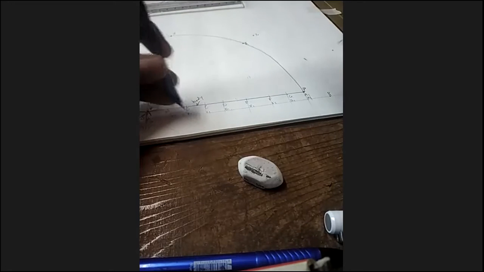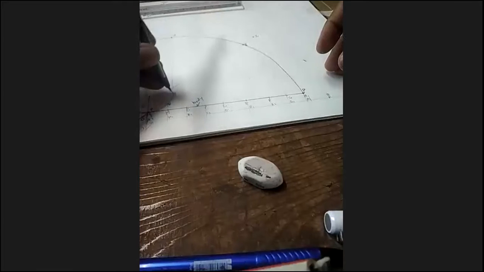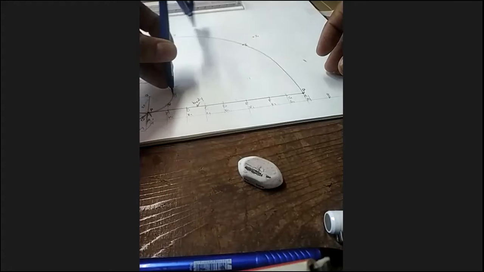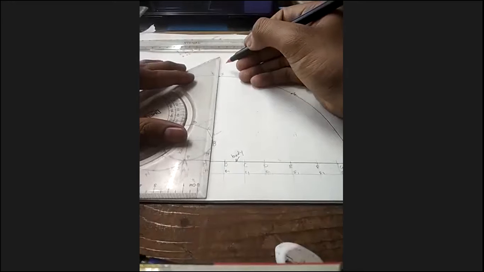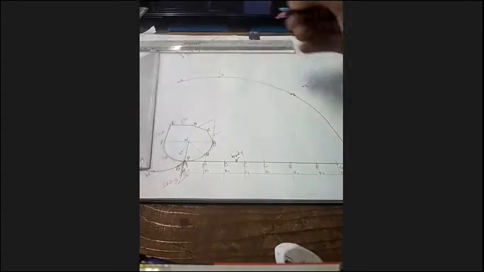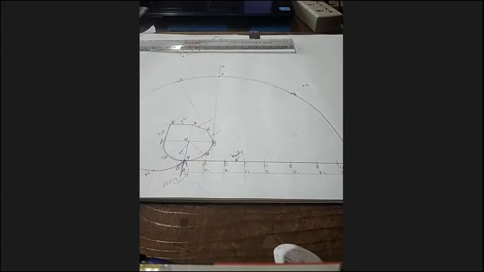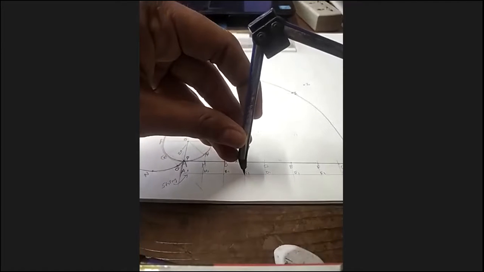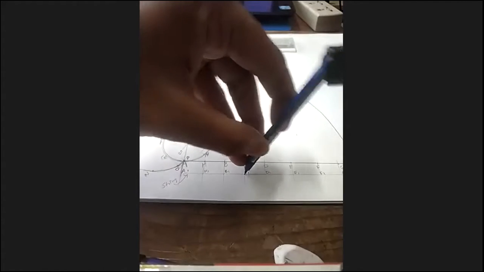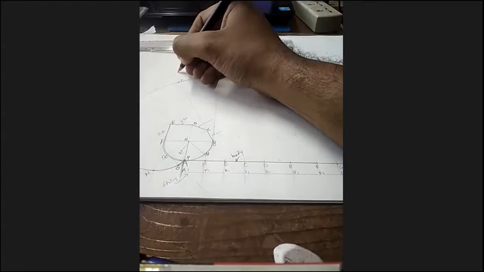Then the same repetition from B1 to P1; at B here I need to extend it. That is J1. Then C1 to P1, K1.